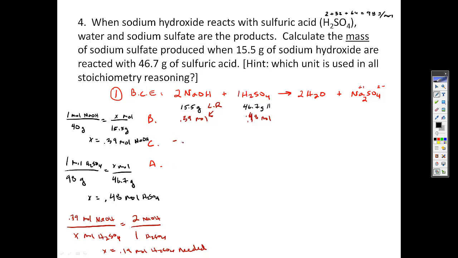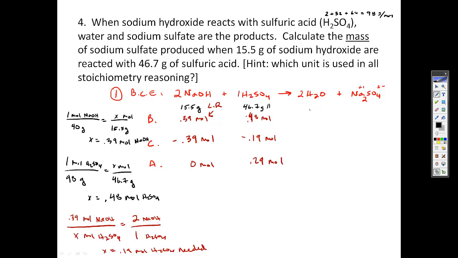So the change, 0.39 moles of this, I'm going to react 0.19 moles of this. At the end of the reaction, I'm going to have 0 moles of this left. I'm going to have, looks like 0.29 moles of this left.